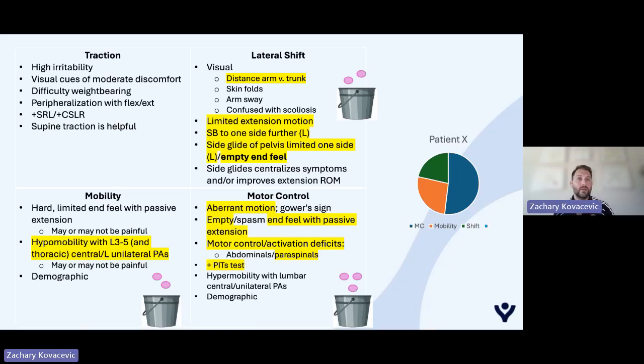Where do we need to intervene to promote an opportunity for centralization to occur? I'll pause. I know that I'm not going to get some real-time feedback, but think about that. I have motor control deficits that are largest, and some mobility and lateral shift deficits that are second place, maybe tied for second place. Does this data provide me an opportunity to intervene? Does it give me direction?